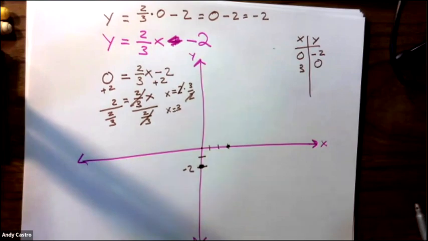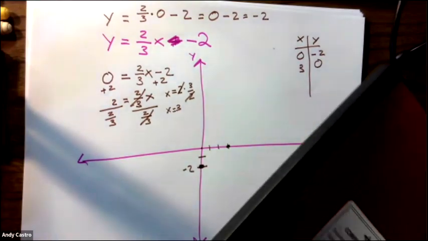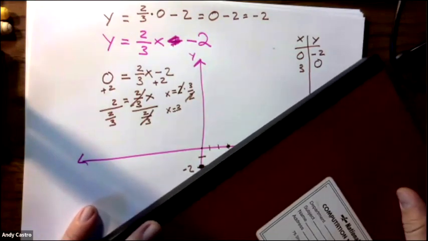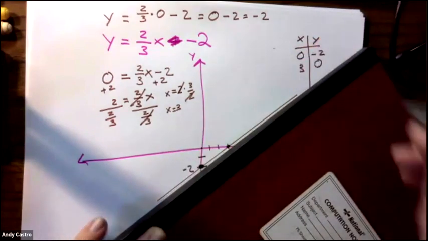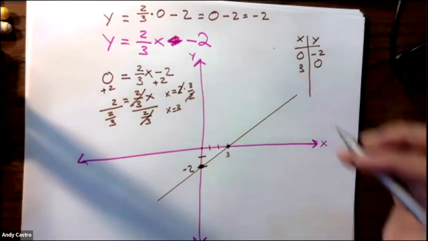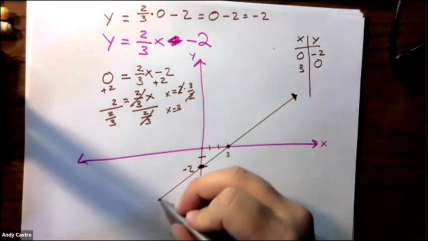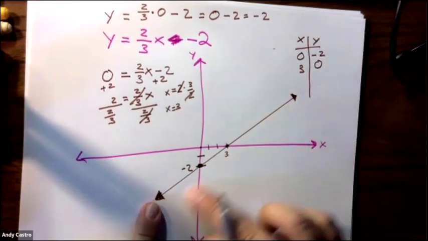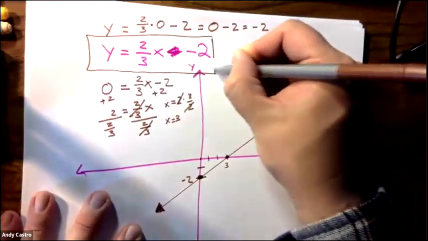All right, so let me go ahead and draw my line there. I've got 2 points. So between any 2 points, I can make a line. So this is the line that this equation is describing.